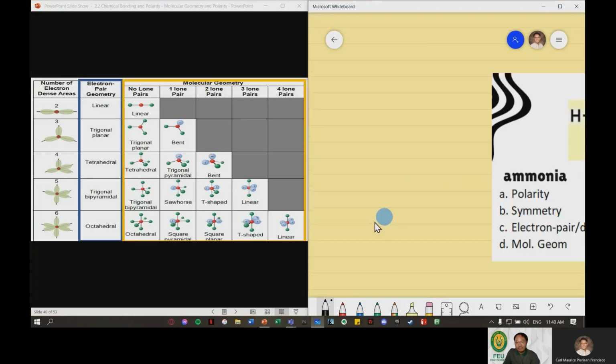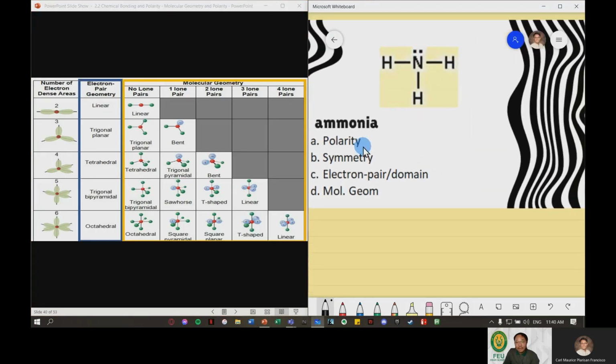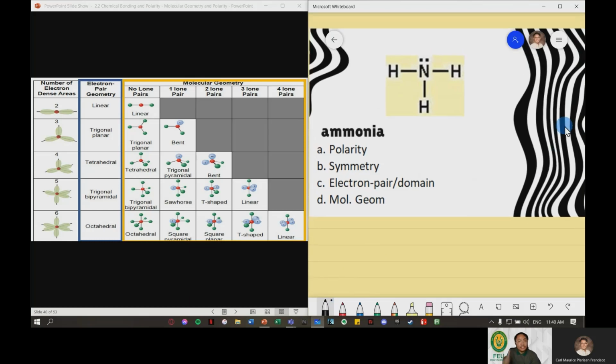Another example. Now this time I have here ammonia. So first thing that I need to do, check the central atom. The central atom has a lone pair. So the moment that I see that it has a lone pair, it doesn't matter if the terminal atoms are the same, this would be polar, asymmetric.